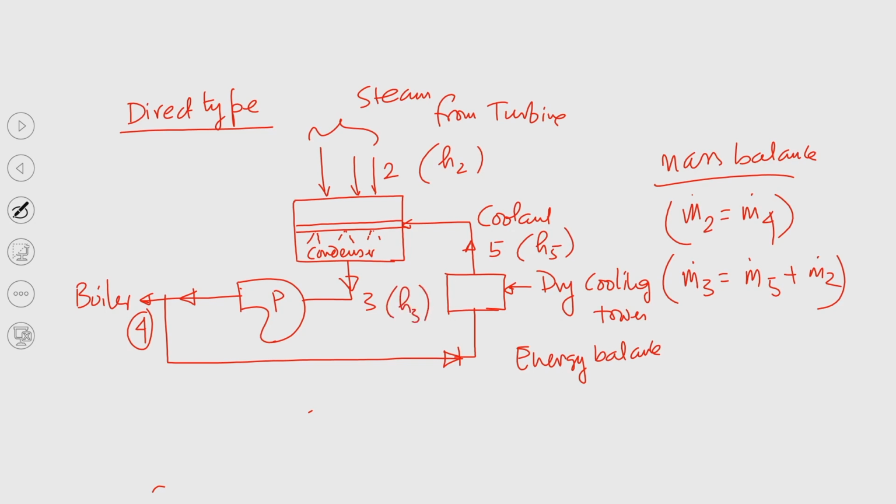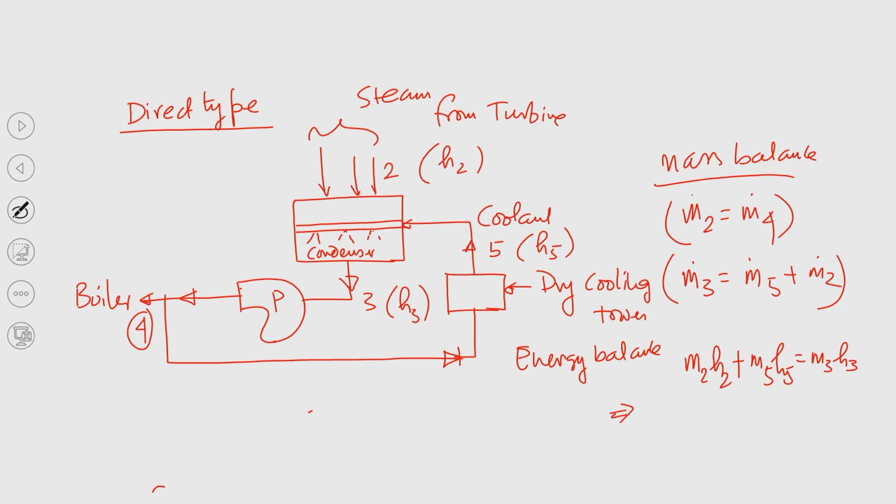So, if we apply the energy balance to this particular component, and we have discussed the steady flow steady state energy equation many times, then we can write m 2 H2 plus m 5 H5 equal to m 3 H3. Okay.